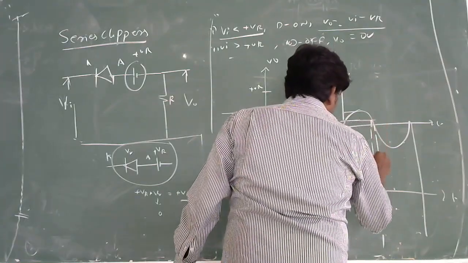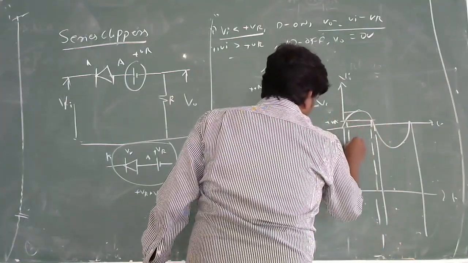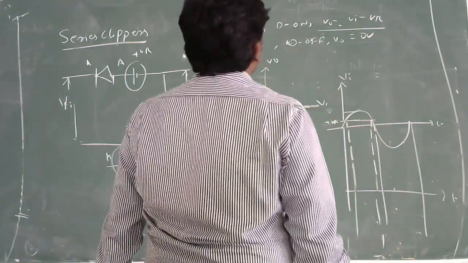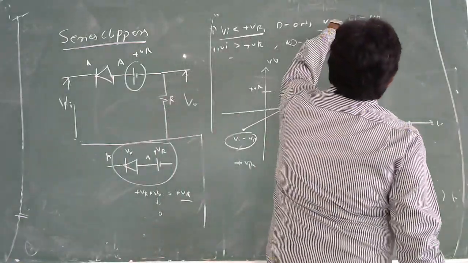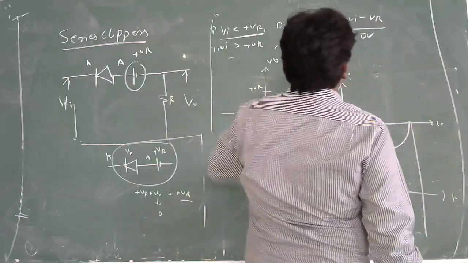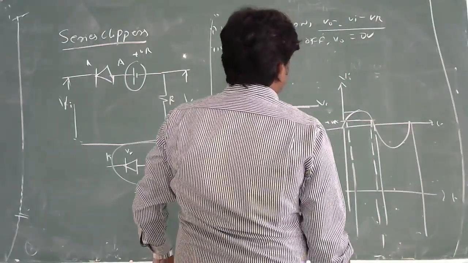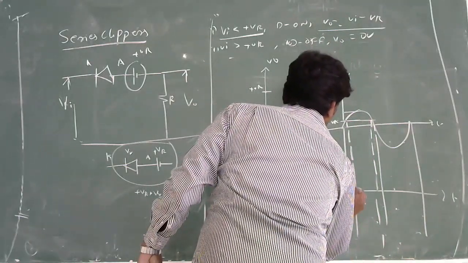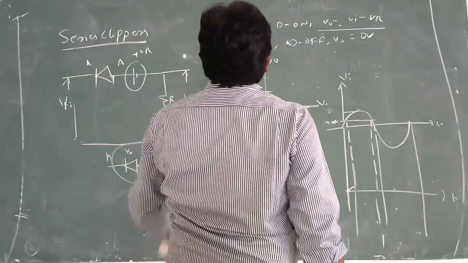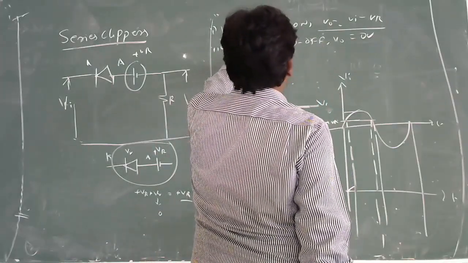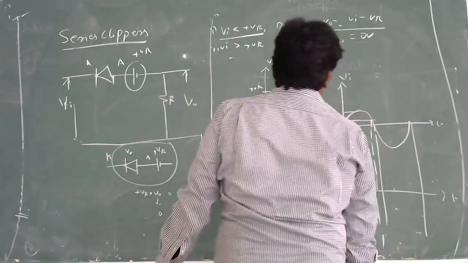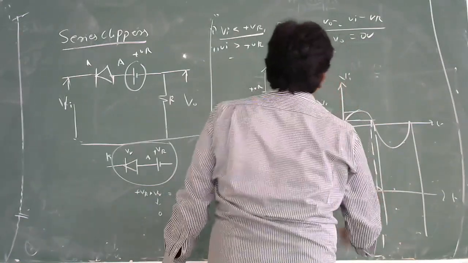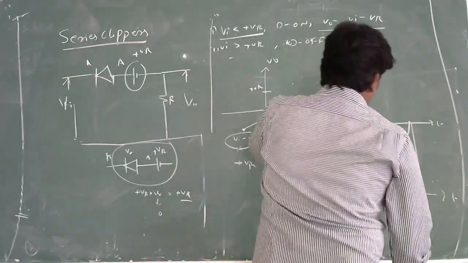At this point, we have to look at the corresponding point. Vi less than plus VR gives Vi minus VR. So we have to observe it is a lesser voltage. And when Vi is greater than plus VR, you will get output 0. And here it is also like this, and here it is also going to be like this.